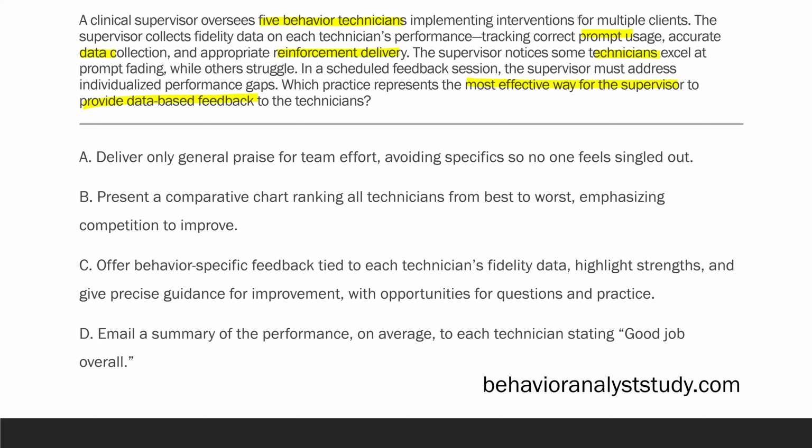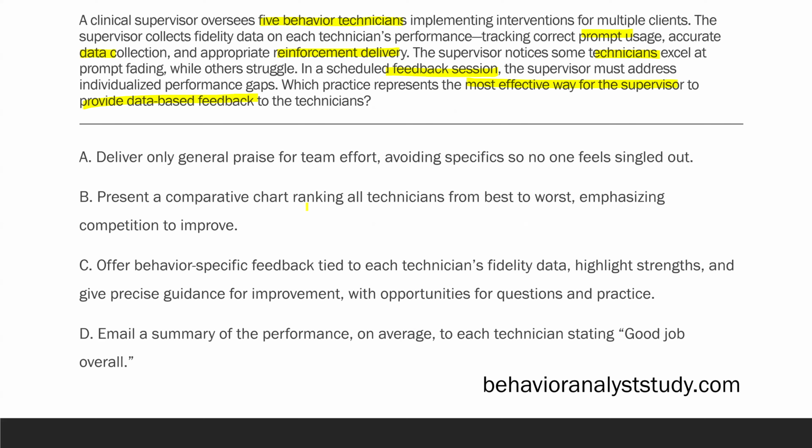Then the technicians are all different, as most technicians are. Some are going to be better at some things. Some are going to be worse at other things. We have to give feedback individualized to each technician, but if we're in this feedback session together, we've got to do it in a way that's productive. So how would you approach this situation?